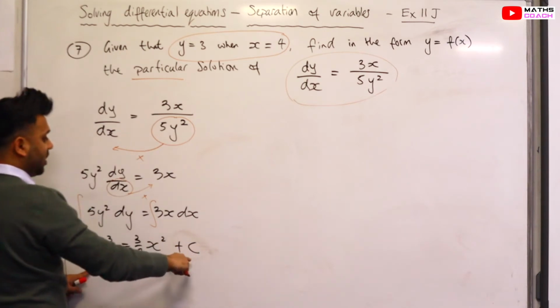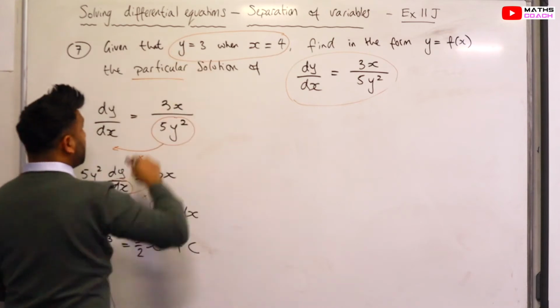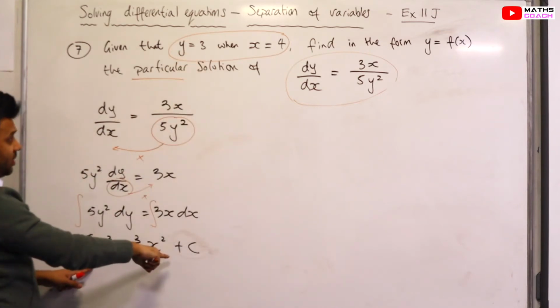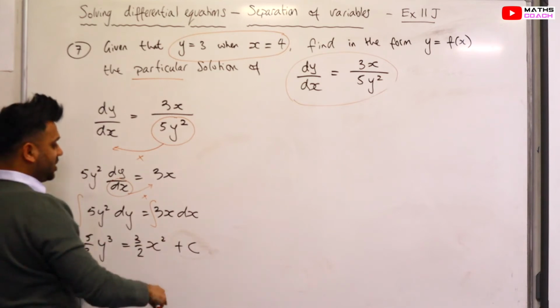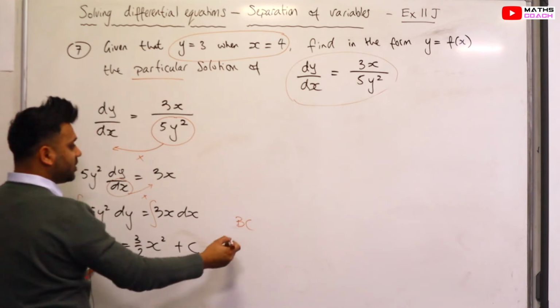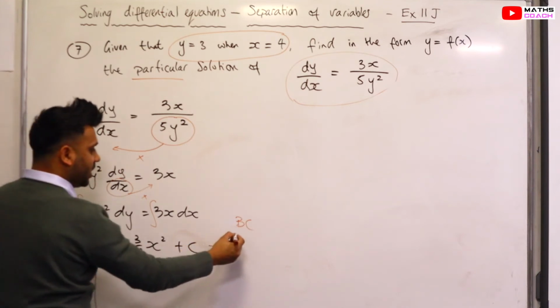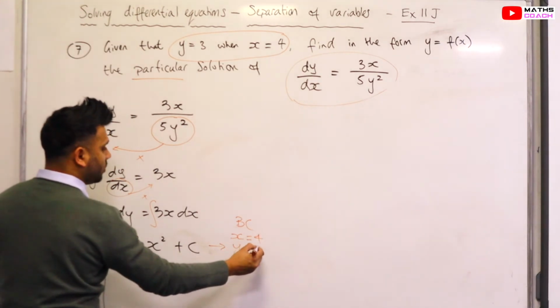So we need to now substitute in the boundary condition to find what that c is. You can substitute the boundary condition at the earlier stage, which is now, or at the later stage. But it's much easier if you do it at an earlier stage. So when x equals 4, y equals 3.